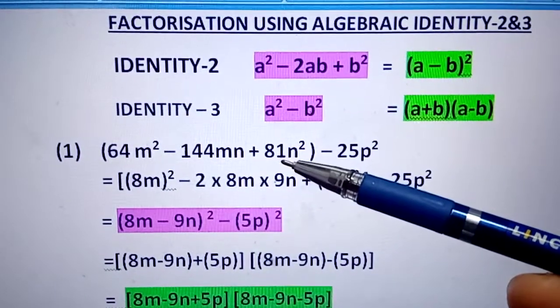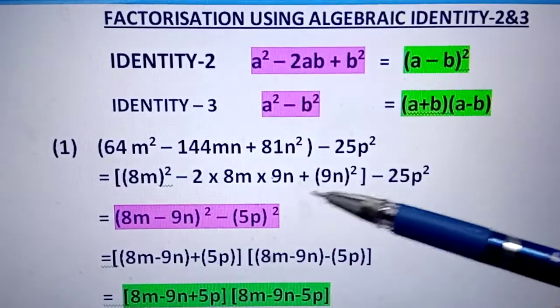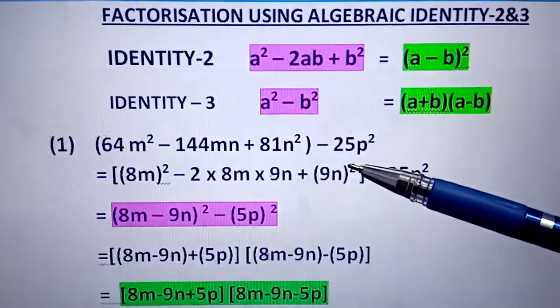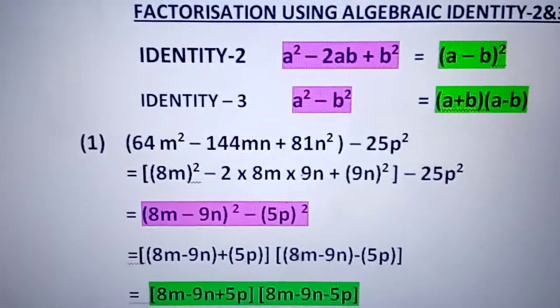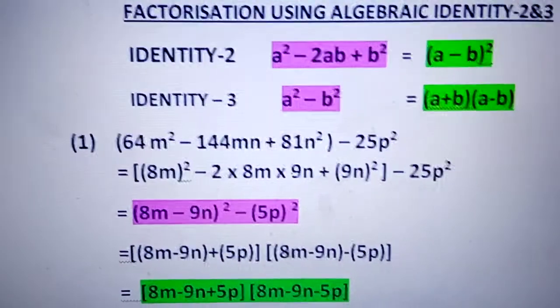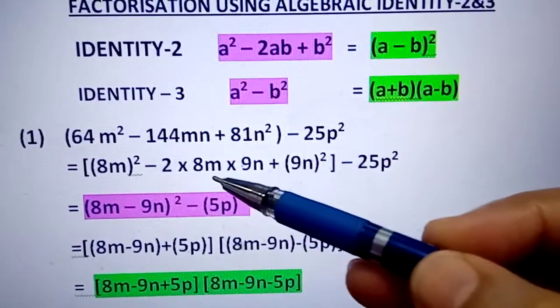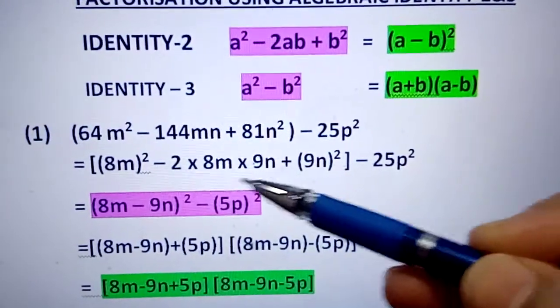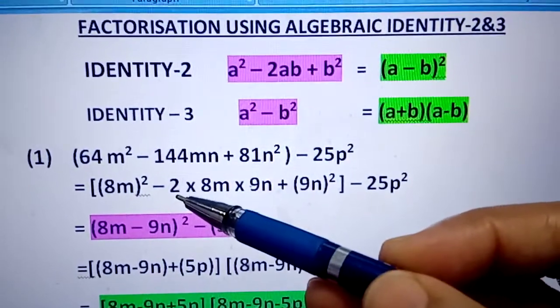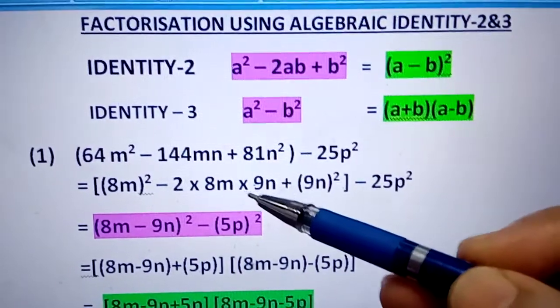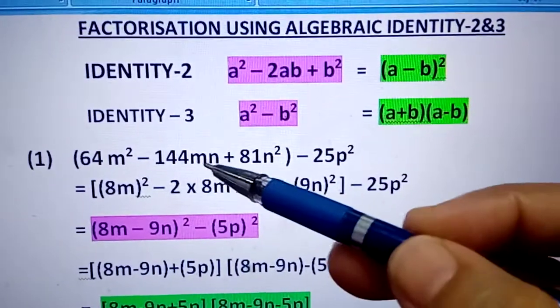Then 81n square can be written as (9n) whole square. And then the middle term, 24mn, can be written as 2 into a into b in this form. If you multiply it again, 2 into 8 is 16, 16 into 9 is 144mn.